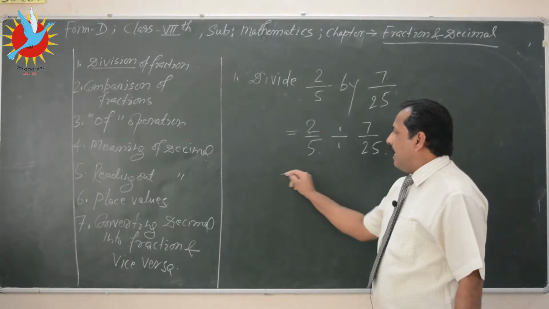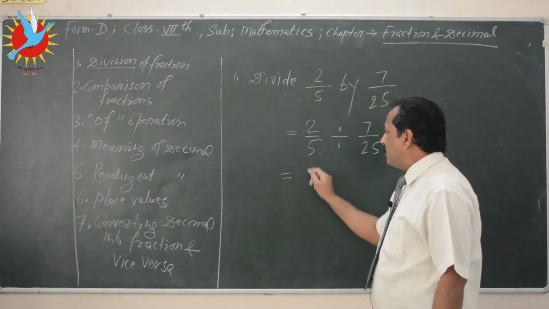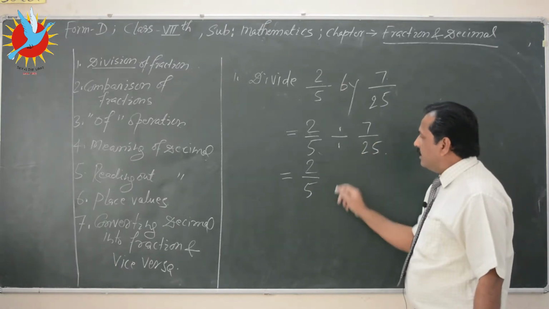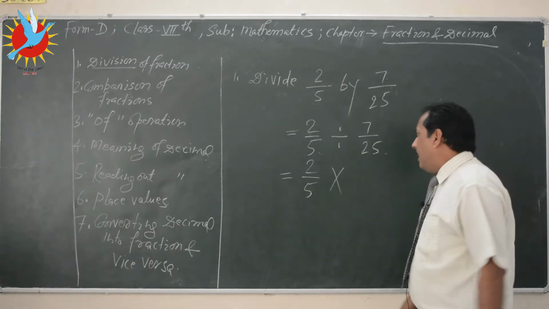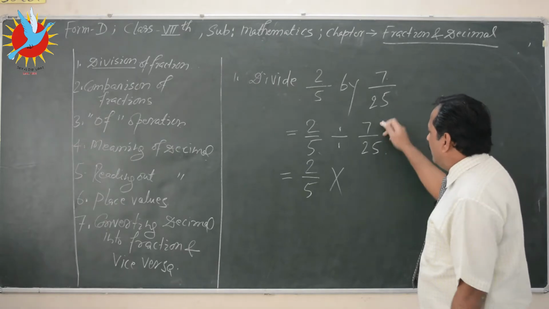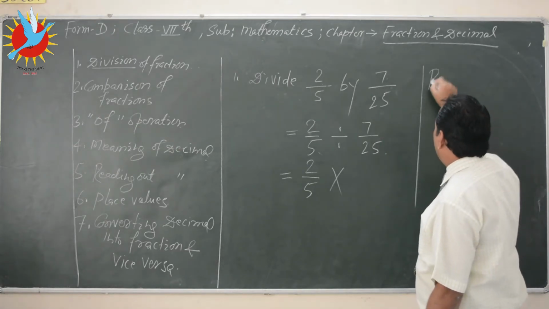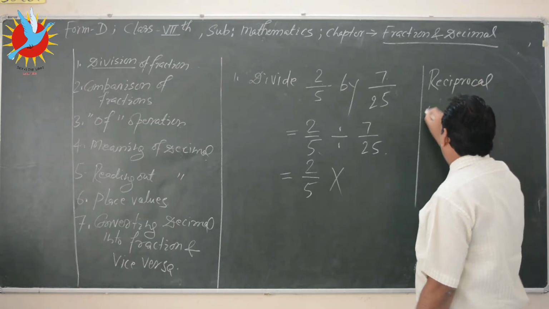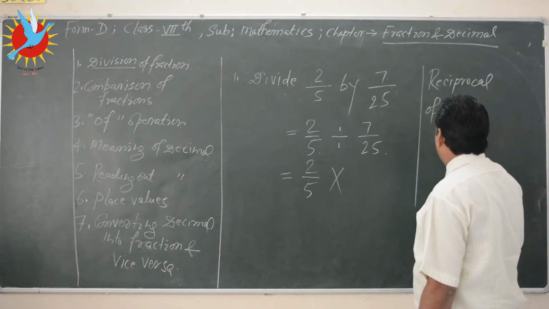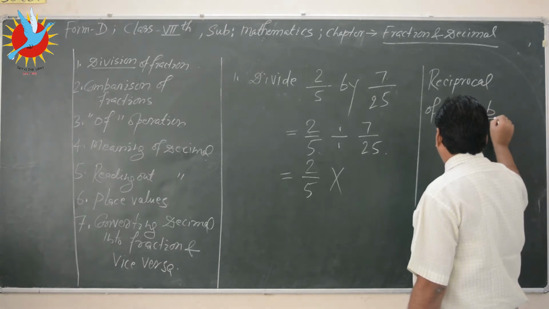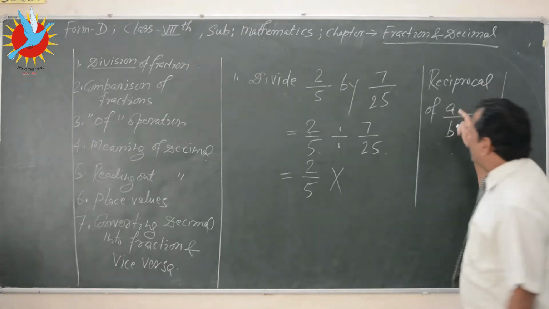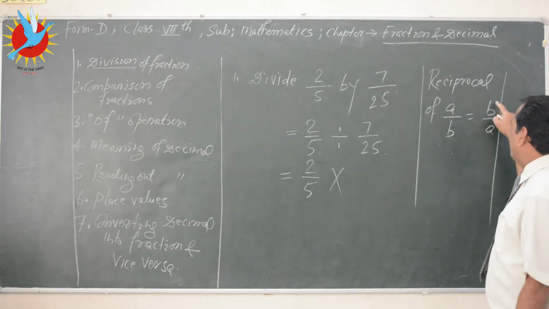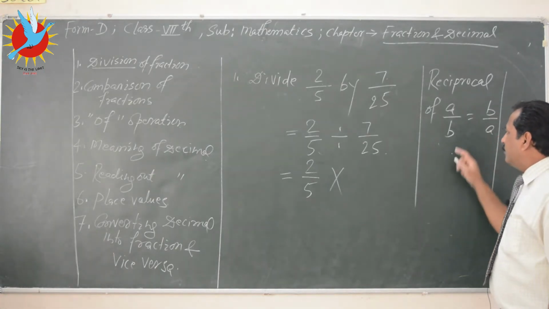Now the rule is that you keep this fraction as it is, 2 by 5, convert this division into multiplication and take the reciprocal of this. So what is reciprocal? Reciprocal of A by B is equal to B by A. Reciprocal of any fraction A by B is equal to B by A. What does it mean?